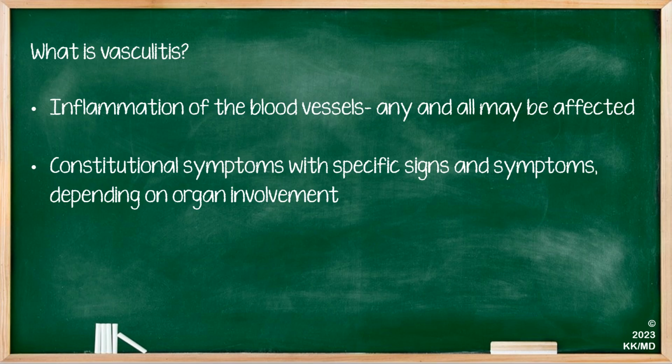And as we will find out, there are a wide-ranging number of conditions which fall under this category. Largely, they are all characterised by the presence of constitutional symptoms, with specific signs and symptoms depending on the type and also depending on organ involvement.